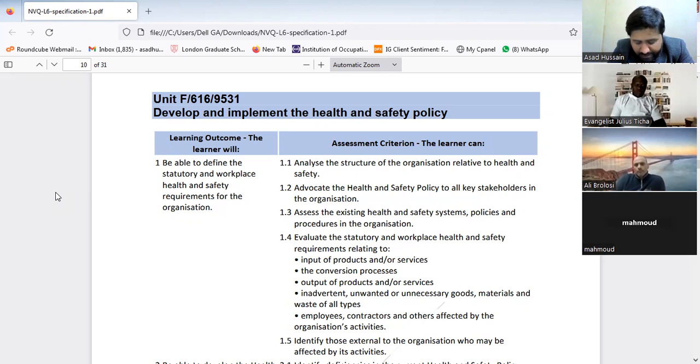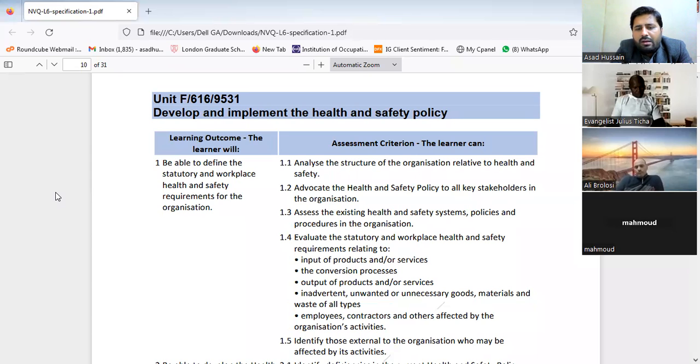In this unit we have 4 learning outcomes and 18 assessment criteria. In the first one we have 5 assessment criteria.